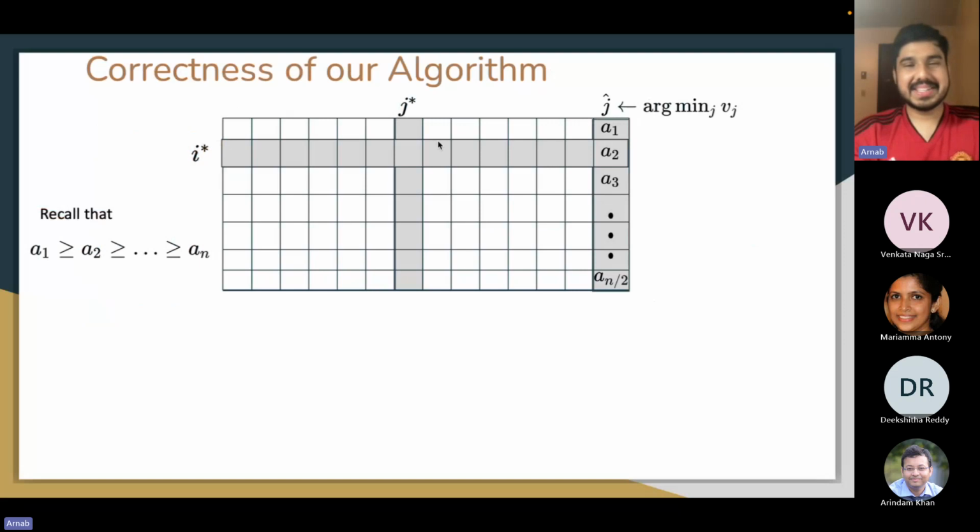And in this case, it's very easy to see that if this I star was the lowest element in the original matrix, it's going to be the lowest element in the smaller matrix as well. And the same goes for the J star. If that was the highest element in the original matrix, it is going to be the highest element in the smaller matrix as well, because we are not adding any new elements, we are just removing them.